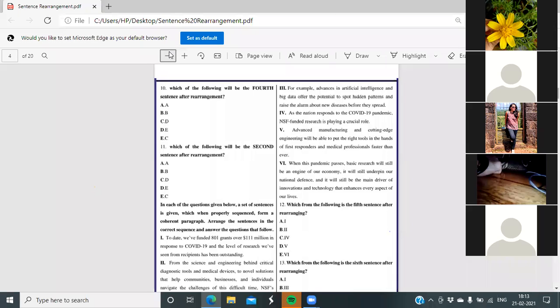Oh, no. Okay, that was visible. The second is not properly visible. You can actually zoom in on your laptop or mobile, by whichever means you have logged in, so that it becomes easier for you to view.